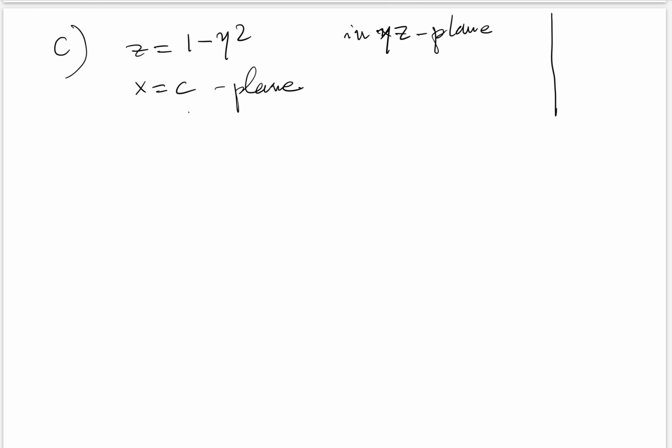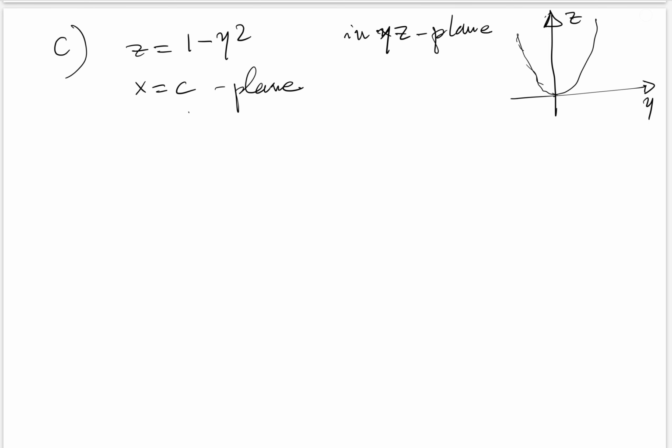It will make your life easy. So in the YZ plane, how you can graph that function is this. This one is just y squared, z is equal to y squared.